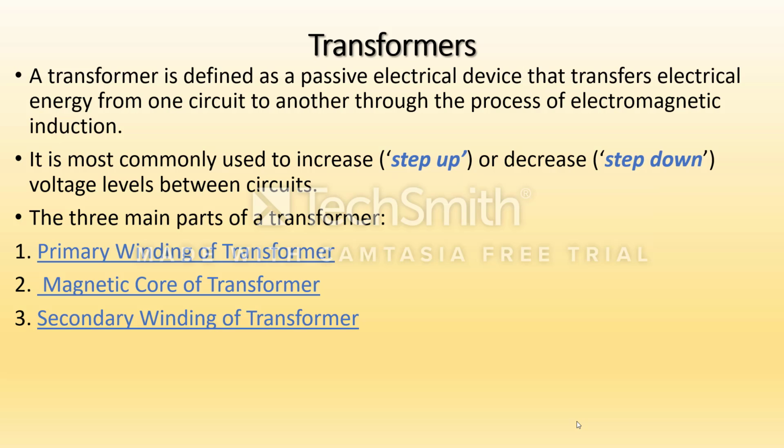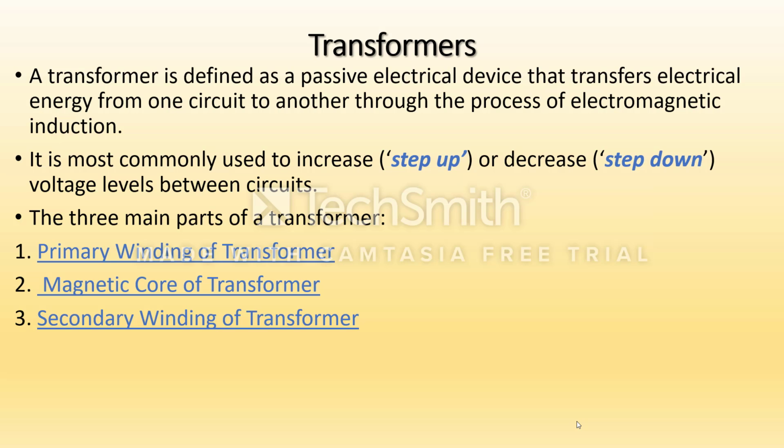Transformers. I think that you know that we have already mentioned transformers and the two types of them, so let's repeat that a transformer is a passive electrical device that transfers electrical energy from one circuit to another through the process of electromagnetic induction.